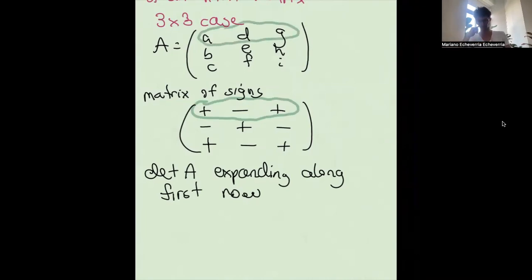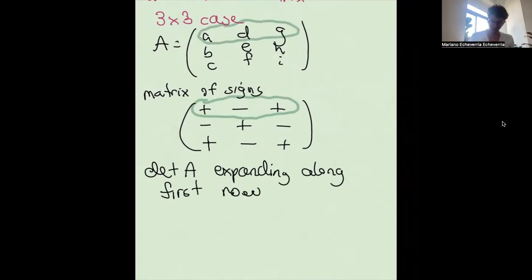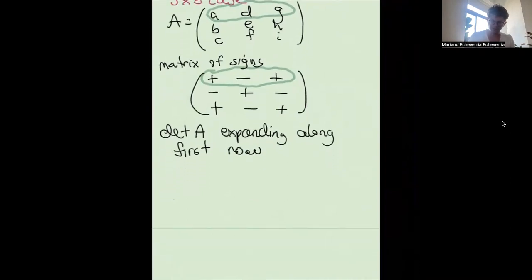Okay. So the idea is that this is one of those formulas that is easier to explain in person. What I'm going to do is pick up the numbers that appear in the first row and put them in order with the sign that corresponds here.